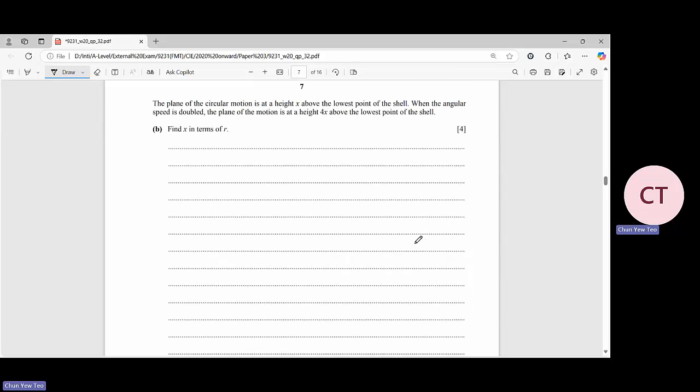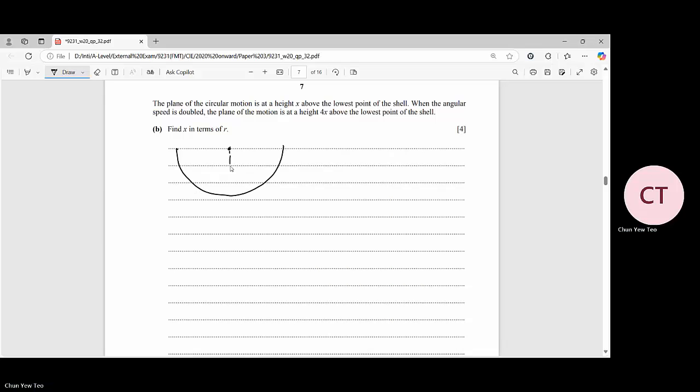The plane of the circular motion is at a height x above the lowest point of the shell. When the angular speed is doubled, the plane of the motion is at a height of 4x above the lowest point of the shell. For these two situations, maybe we can draw the two situations up.